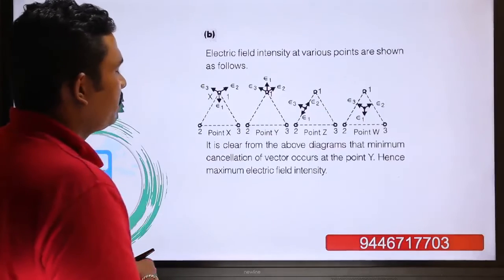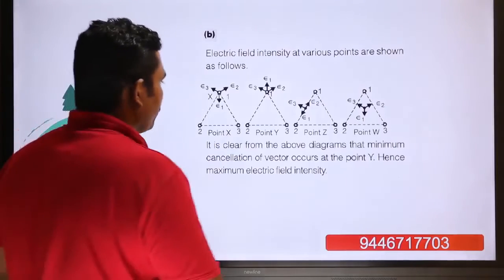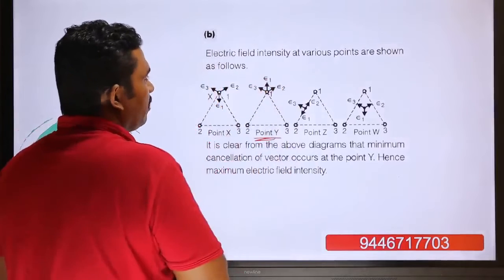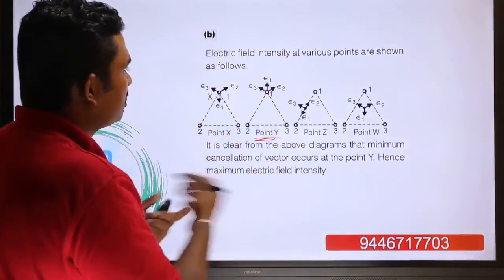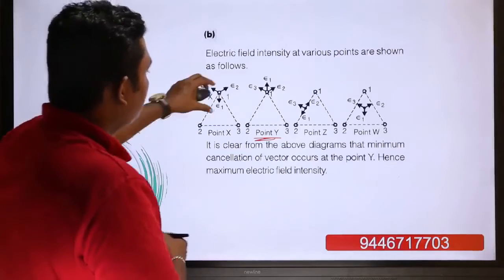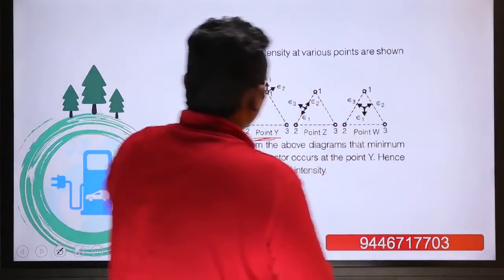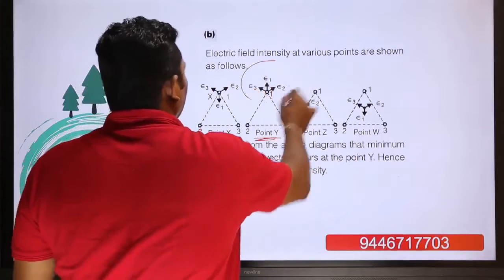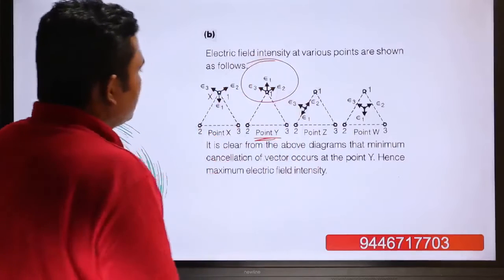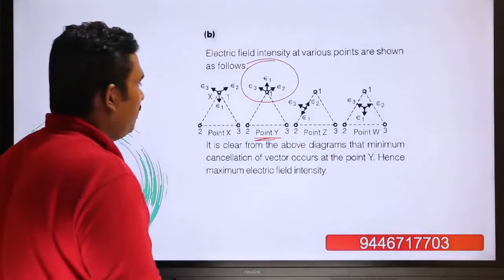So it is clear from the above diagrams that the minimum cancellation of vectors occurs at point Y, because here there is no vector to cancel that, there are no vectors which are acting in opposite directions. So here the net force will be affected, here also the net force will be affected, here cancellation of vectors will happen, but here the entire electric field intensity is acting in the upward direction, even though E2 and E3 are acting slightly through the angle.